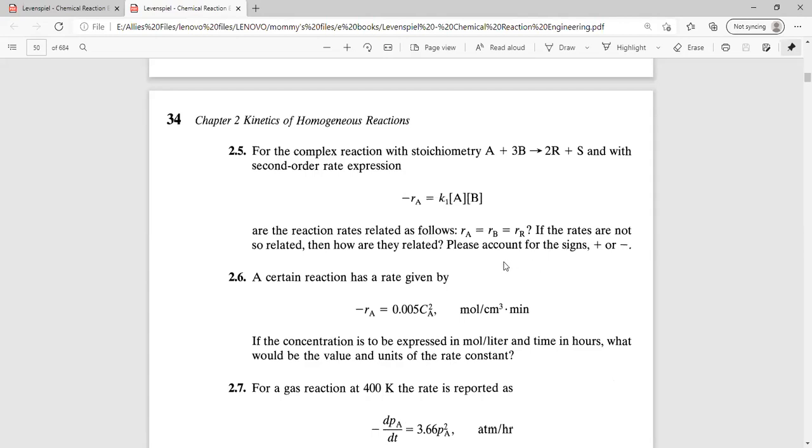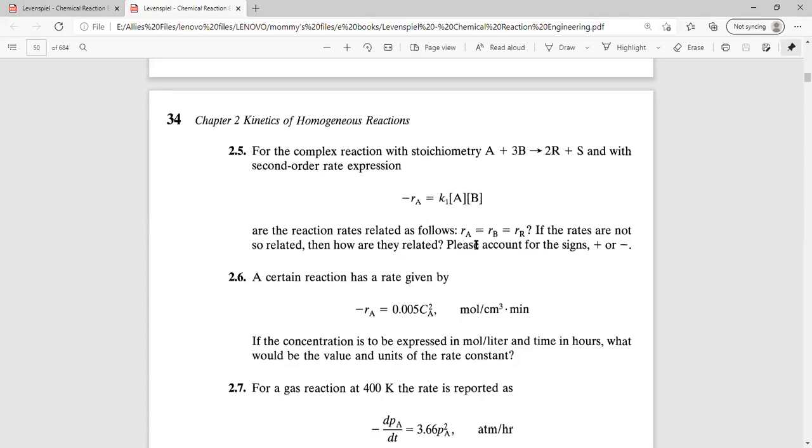Properly affix the sign. So please account for the signs positive and negative properly. So do you think that if this is the way we write the rate in terms of A, the rate in terms of B, and the rate in terms of R should be all represented in the same manner that we have represented A?